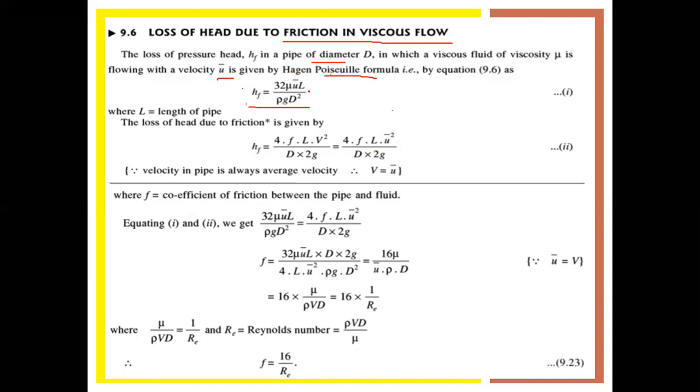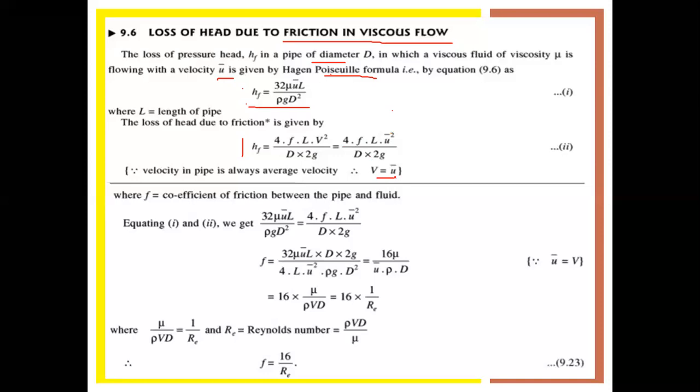The friction loss of head is given by hf equals 4 f L V square by D into 2g. That can be written as 4 f L u bar square divided by D into 2g, where capital V is equal to small u bar, since the velocity in the pipe is always the average velocity.